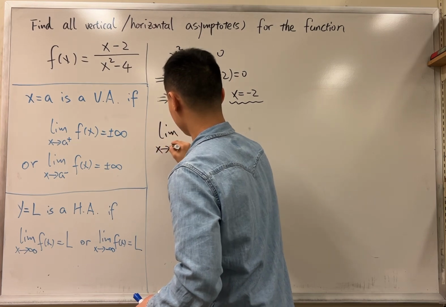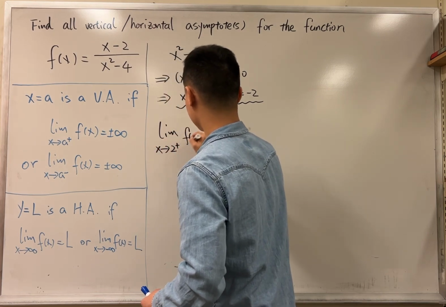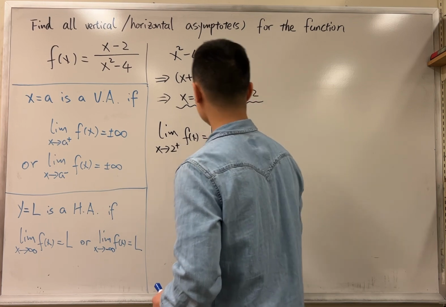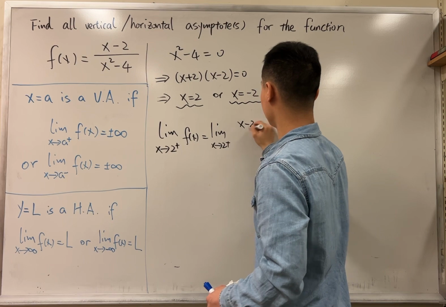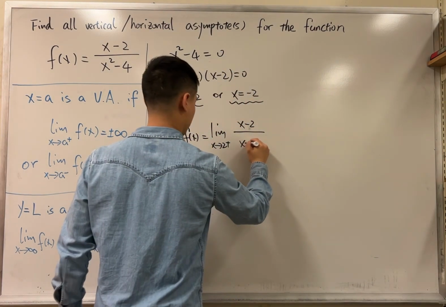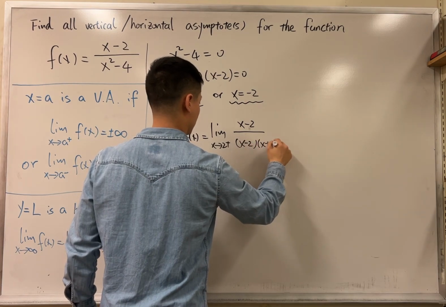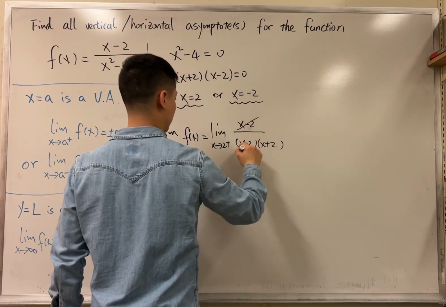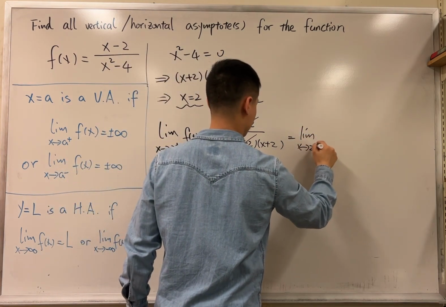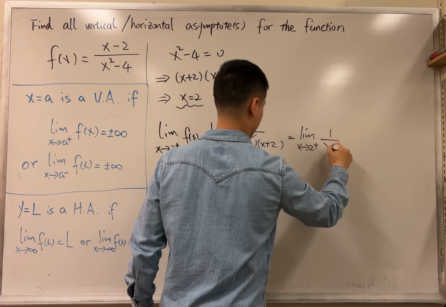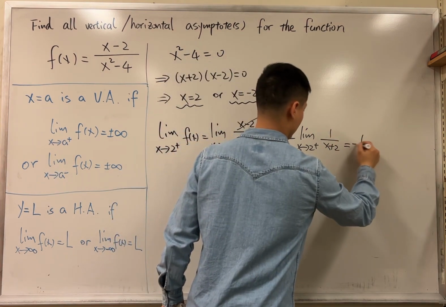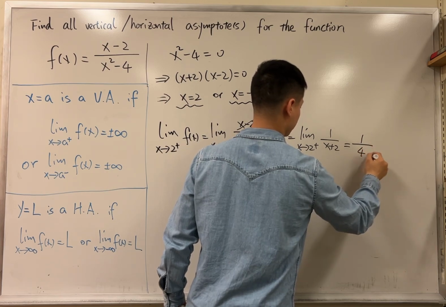The limit as x approaches 2 plus of f of x is going to be the limit of x minus 2 on top, right? And then the bottom is factored as x minus 2, x plus 2. Apparently we can cancel, leaving us with the limit as x approaches 2 plus of 1 over x plus 2, where we can just plug in to have 1 over 4, right?